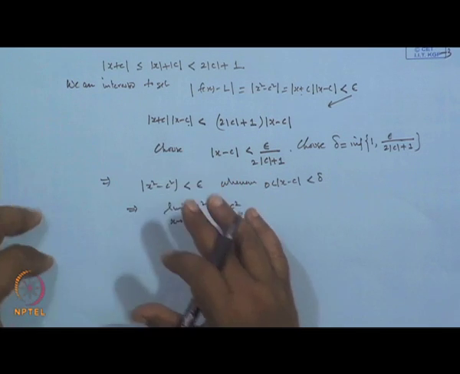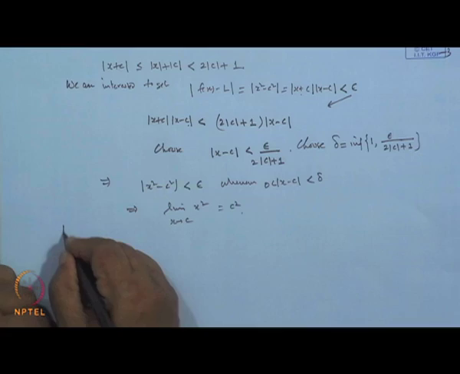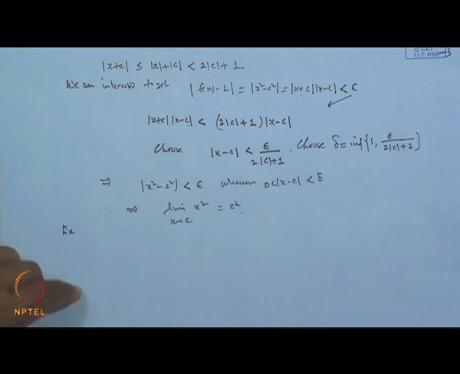So, this is the way to show the limit by using the epsilon delta definition. Let us take one more example, where we are also using some trick.